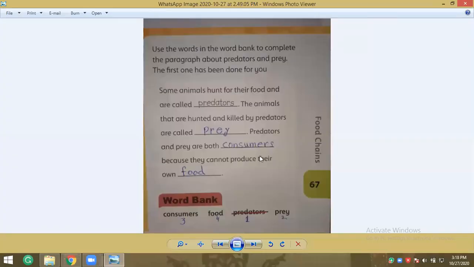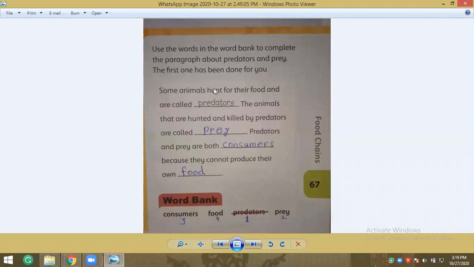On page 67 we have: use the words in the word bank to complete the paragraph about predators and prey. The first one has been done for you. Some animals hunt for their food and are called predators.